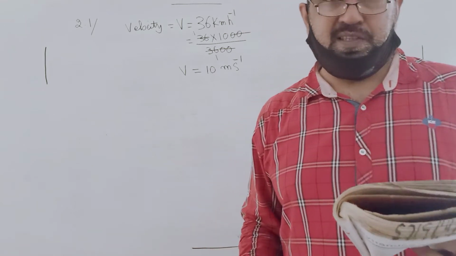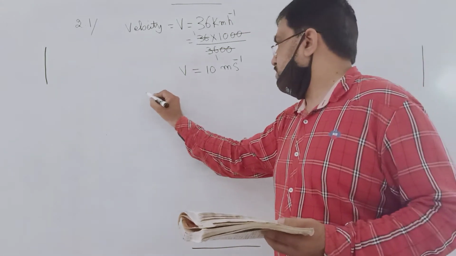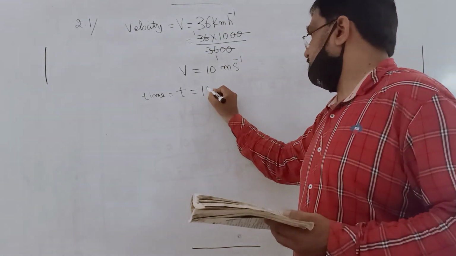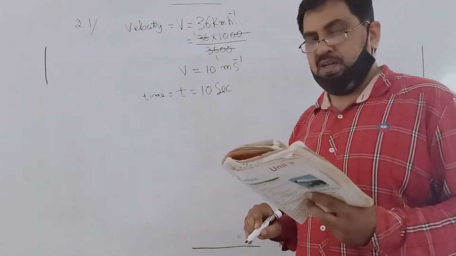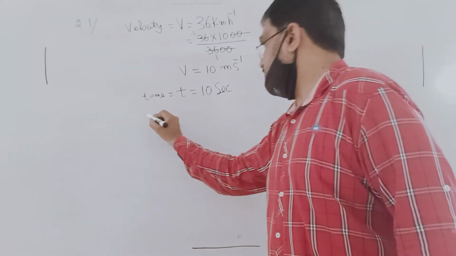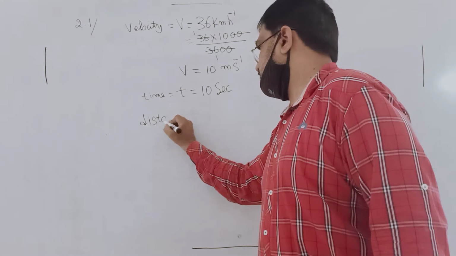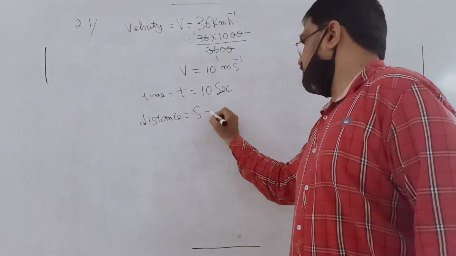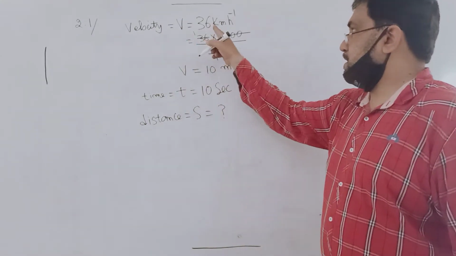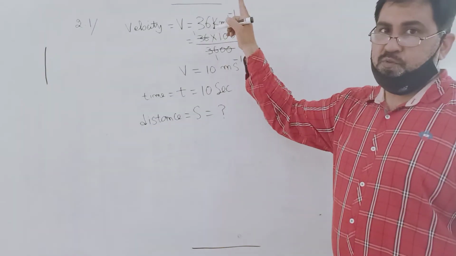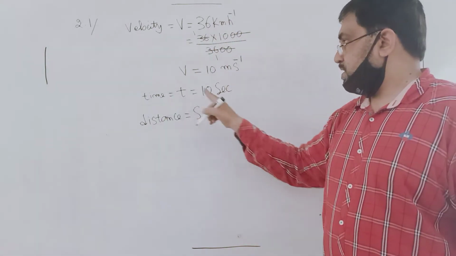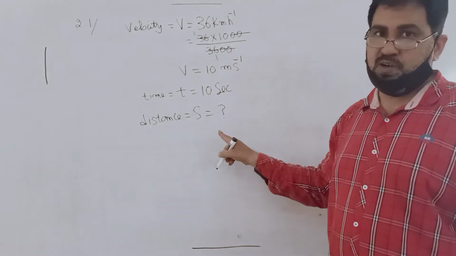For 10 seconds, time is equal to 10 seconds. Find the distance traveled by it. Distance is equal to question mark. Velocity 36 km per hour. First of all, we convert it into meter per second. Time is equal to 10 and distance is equal to question mark.